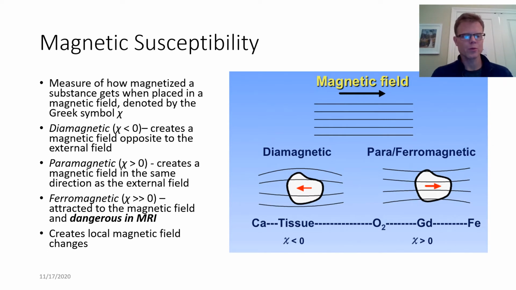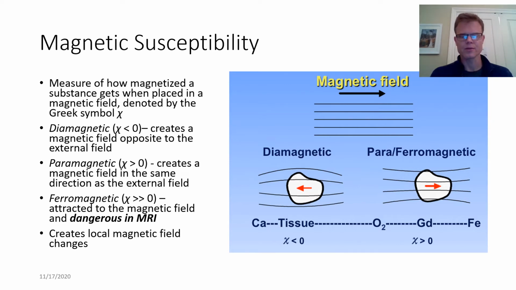I want to go through both magnetic susceptibility and chemical shift here. This is from an earlier lecture, but a refresher. We're using the Greek symbol Xi for this, and there are diamagnetic, paramagnetic, and ferromagnetic materials. Our tissue is primarily diamagnetic.